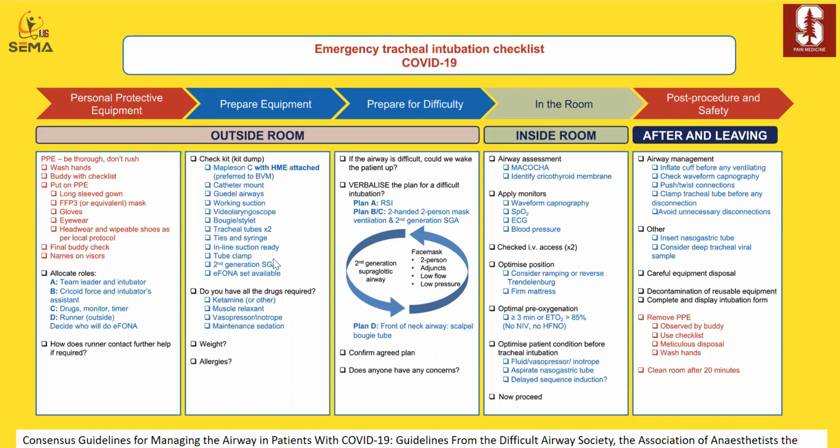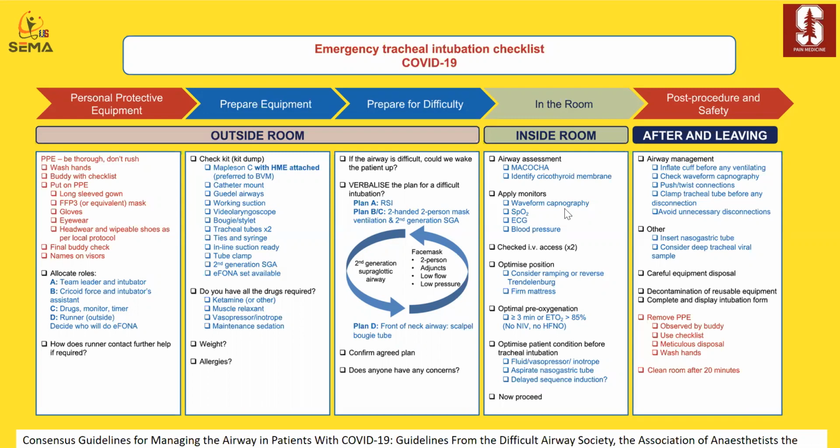It summarizes what you need to do outside the room, inside the room, and after leaving the room. So it goes through the checklist of personal protective equipment, allocating the roles for the team, preparing your equipment, having everything you need, medication, everything planned, then preparing for difficult intubation. What's your plan? If this doesn't work, what are you going to do next?